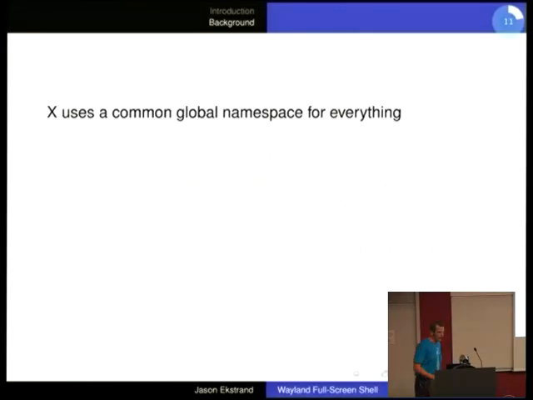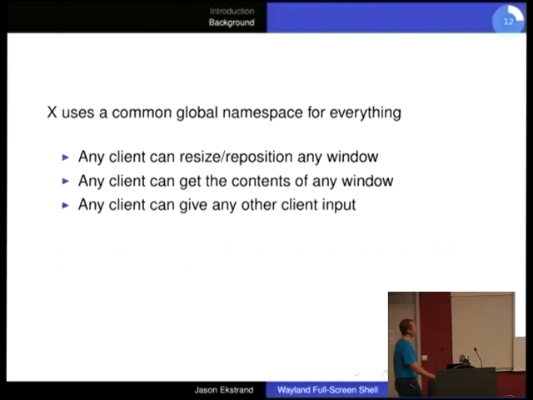So a couple of the major differences that are going to come into play into what I'm going into here, just a little bit more background. The way that X operates is that it has one big common global namespace in which everything exists. You have windows, windows are within windows, and you can set various properties on the windows, and this is the way that everything talks. Any client can mess with any other client's windows.